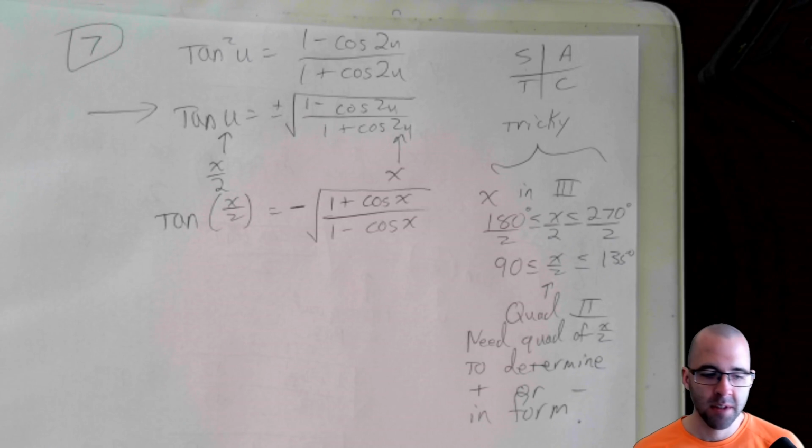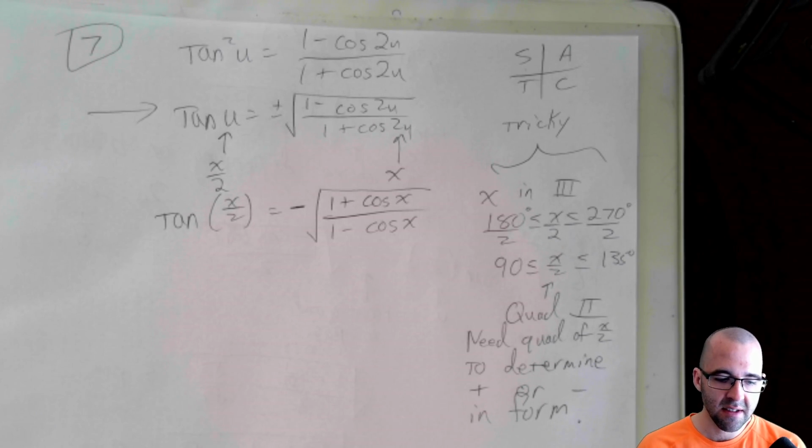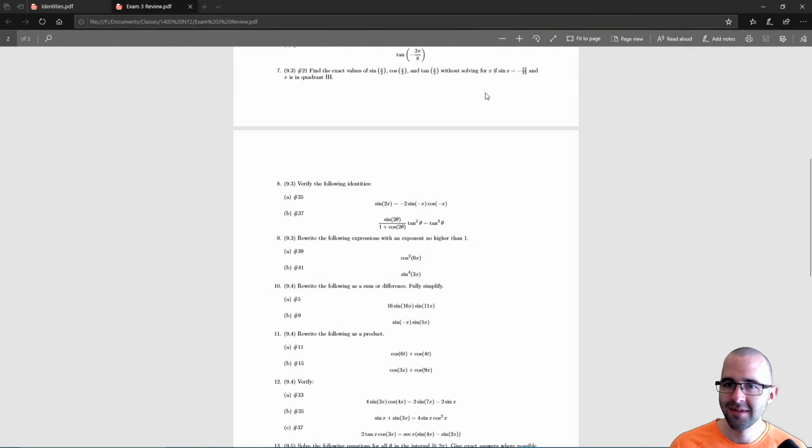So we need to know what cosine of x is. So again, we look back at the problem. We don't know what cosine of x is, but we do know that sine of x is negative 12/13. We're going to use that to find cosine of x.